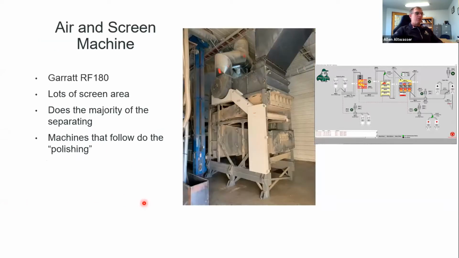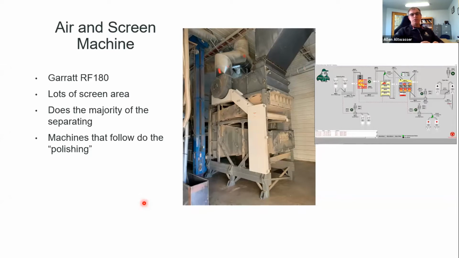So the first machine that the seed sees when it enters our plant is our Garrett Aaron screen machine. This machine has tons of screen area. It does the majority of the heavy lifting, the majority of the separations.